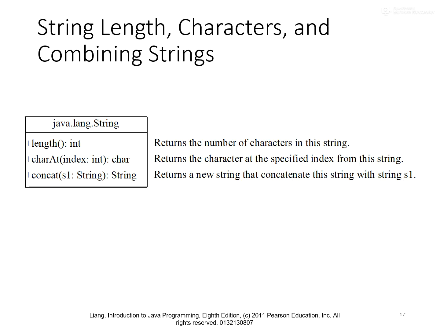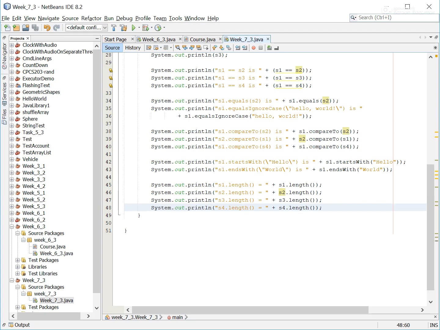Another method is the char at, or character at, a specific location in a string. Let's check that out quickly. System.out.println, and we're going to check out s1.charAt. Let's begin with location 0.